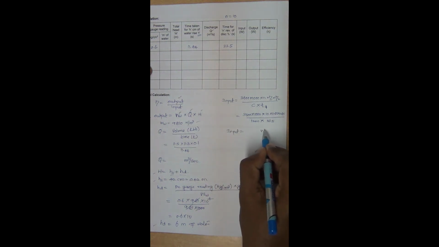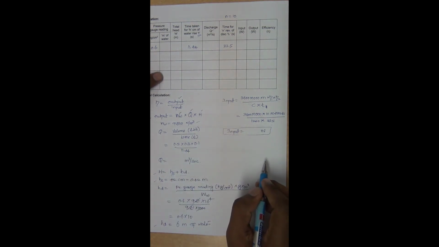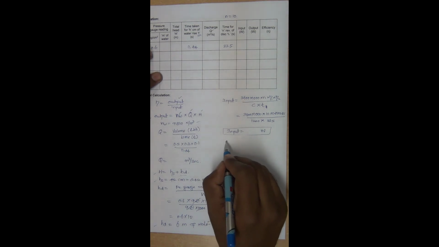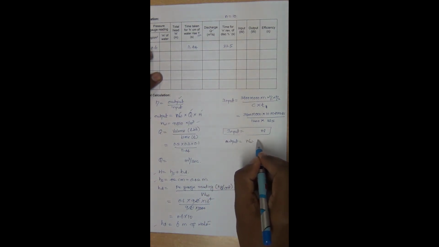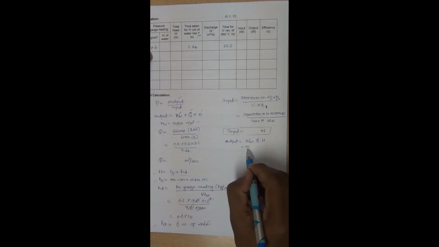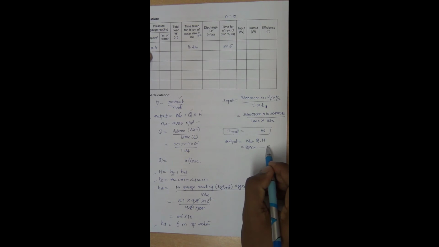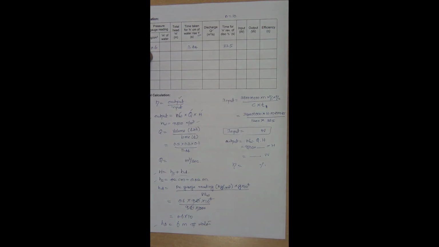We will get the input in watts. So we have got the input power also. Output power is equal to WW into Q into H, which is 9810 into the Q value into the H value, in watts. Efficiency is equal to output by input, and we get it as a percentage. So that is the end of the jet pump calculation.